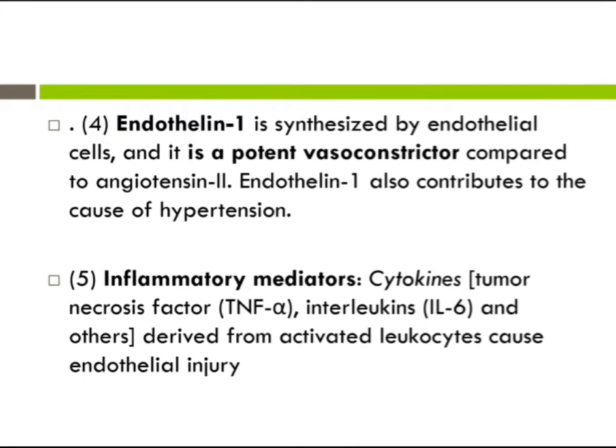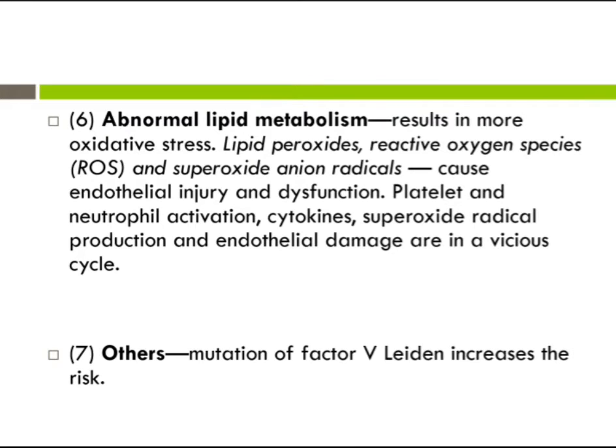4. Endothelin-1. Endothelin-1 is synthesized by endothelial cells and it is a potent vasoconstrictor. Like angiotensin II, endothelin-1 also contributes to the cause of hypertension. 5. Inflammatory mediators. Cytokines such as tumor necrosis factor alpha, interleukins, IL-6, and others derived from activated leukocytes cause endothelial injury. 6. Abnormal lipid metabolism results in more oxidative stress.